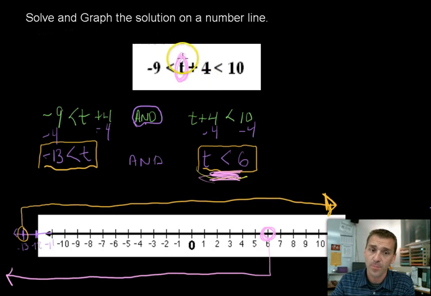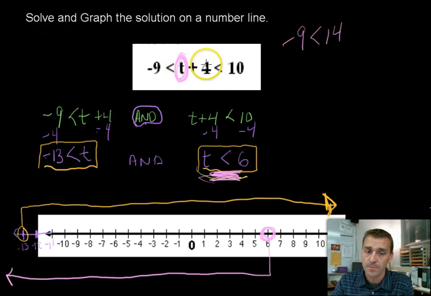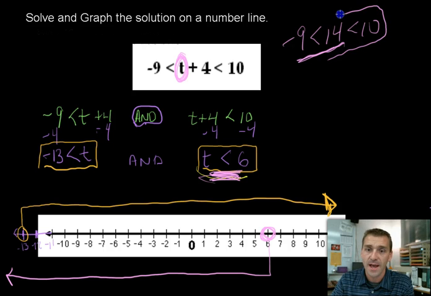The problem is if I put 10 in for t, I get negative 9 is less than 14, and then 14 is less than 10. There's a problem. This part is absolutely correct, and this part is absolutely incorrect. So that's not a true statement.